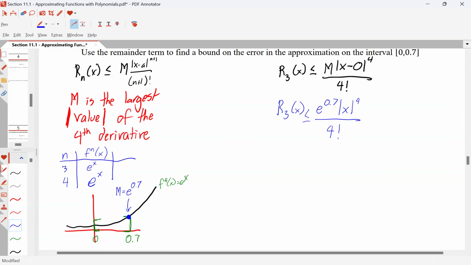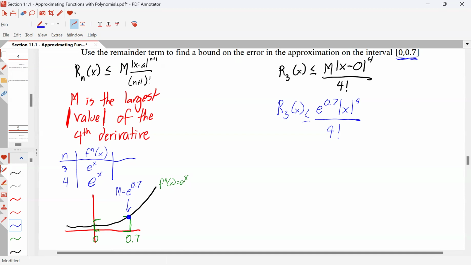Right now we have generally a function that the remainder is going to be less than. I would really like to have a number. So what I can do is for x, I can plug in the number that on this interval will make x to the fourth the largest.